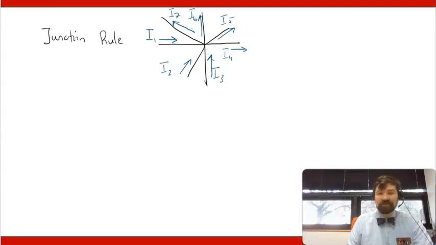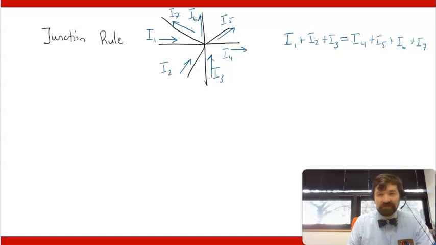Then for my junction rule, I just look at which of these are going into the junction, so which arrows are pointing towards the junction, and I happen to choose 1, 2, and 3 to be that way. So I1 plus I2 plus I3. And then what's coming out of it is 4, 5, 6, and 7. So I4, I5, I6, and I7.